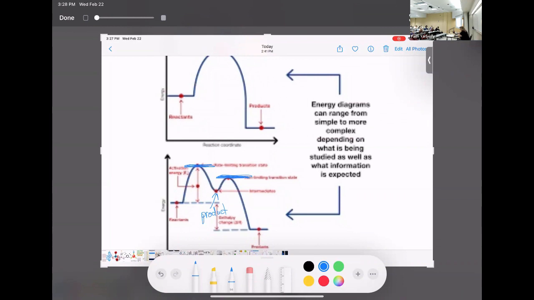Because you go from your reactants, you go through the transition and you hit the first product. Then that product made from that first reaction then reacts to get another transition before you get to your actual products of the reaction. Because the reaction itself is just the reactants and the ultimate products.